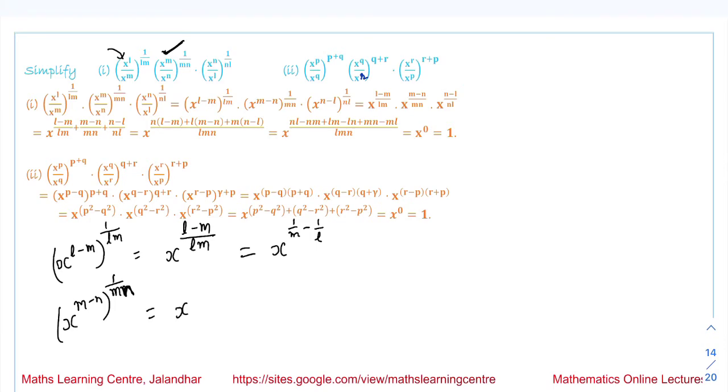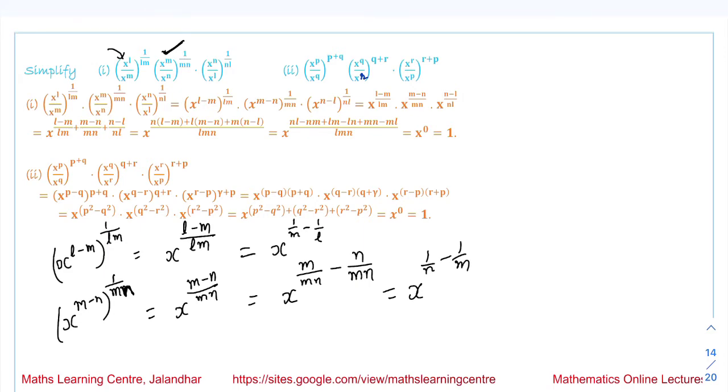So this is x raised to the power m minus n over mn. This is equal to x raised to the power m over mn minus n over mn. So this is equal to x raised to the power 1 by n minus 1 by m.